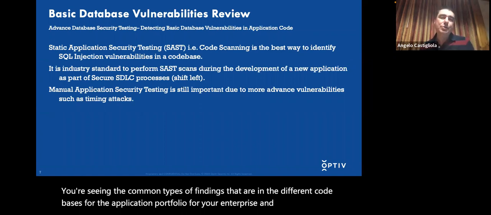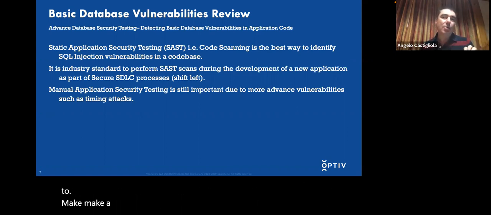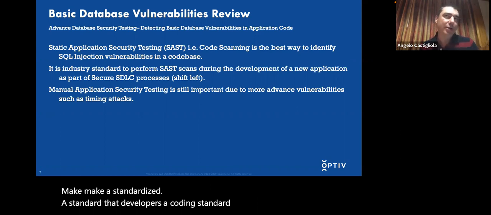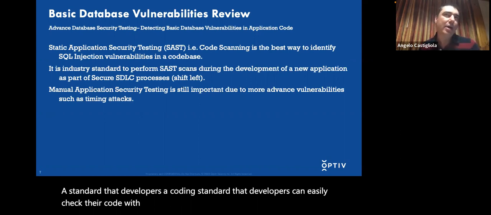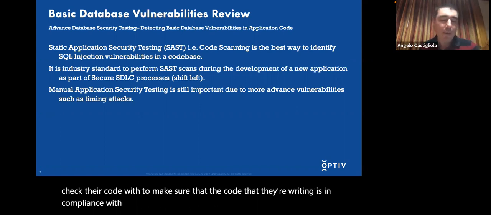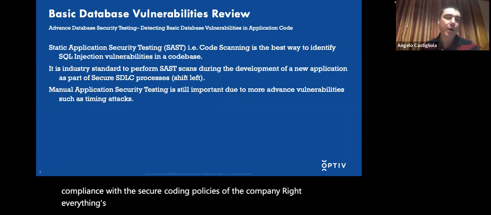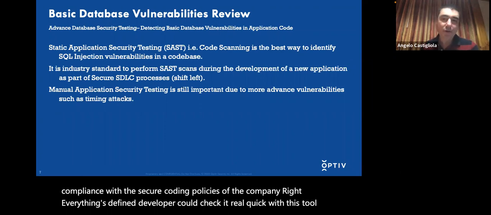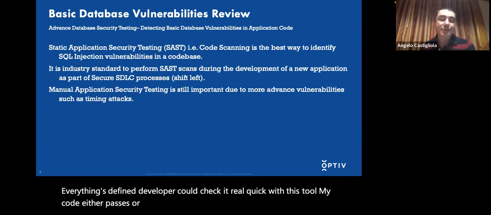That allows you to make a standardized coding standard that developers can easily check their code with, to make sure the code they're writing is in compliance with the secure coding policies of the company. Everything's defined. The developer can check it real quick with this tool: my code either passes or fails. It gives developers a really easy standard to follow.